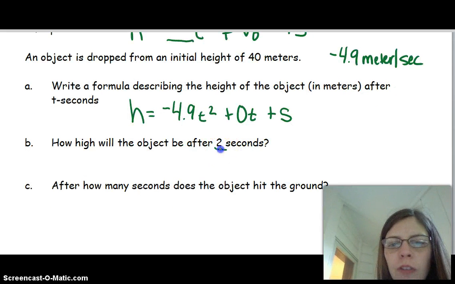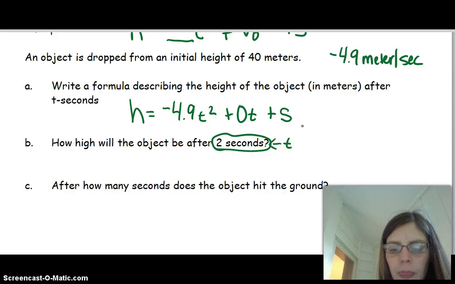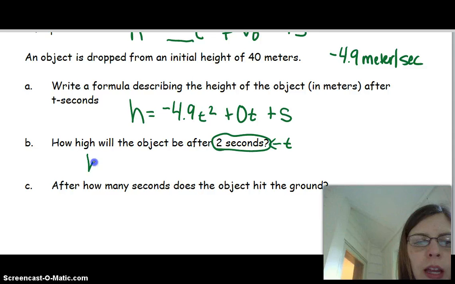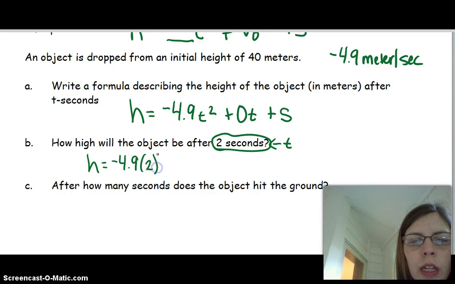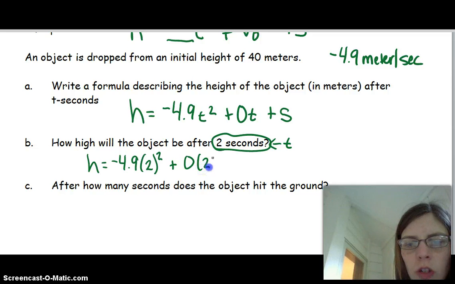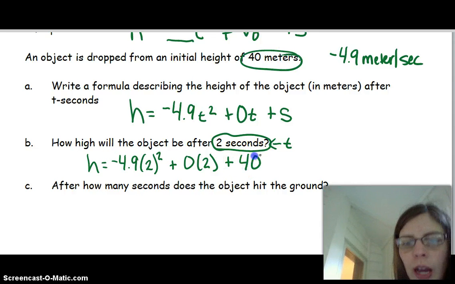So about how high after 2 seconds? 2 seconds is going to be your time. So here I have h equals negative 4.9 times 2 squared plus 0 times 2 plus, now I'm going to add in this 40 meters for the initial height.